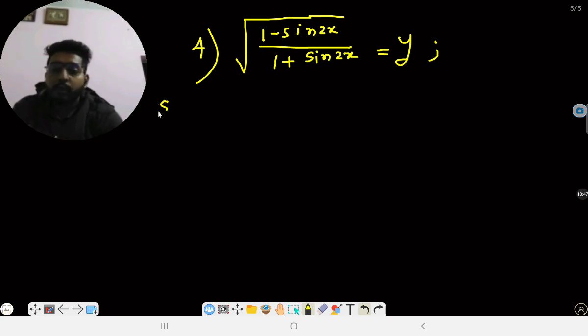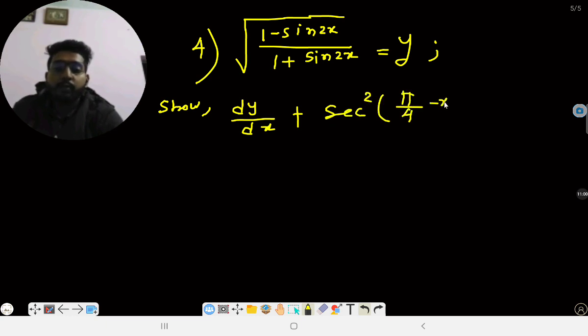We have to show that dy dx plus sec square pi by 4 minus x will be 0. So this is given, root over of 1 minus sine 2x by 1 plus sine 2x equals to y. Now we have to show dy dx plus sec square pi by 4 minus x will be 0.